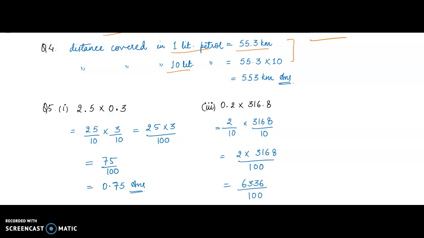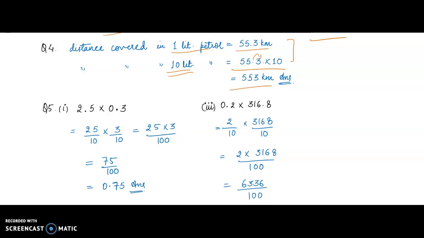So how much distance will it cover in 10 liters? Obviously more distance will be covered, as more fuel is there. So I will multiply 55.3 and 10 and I will get 553 kilometer, just directly shifting this decimal from here to here.